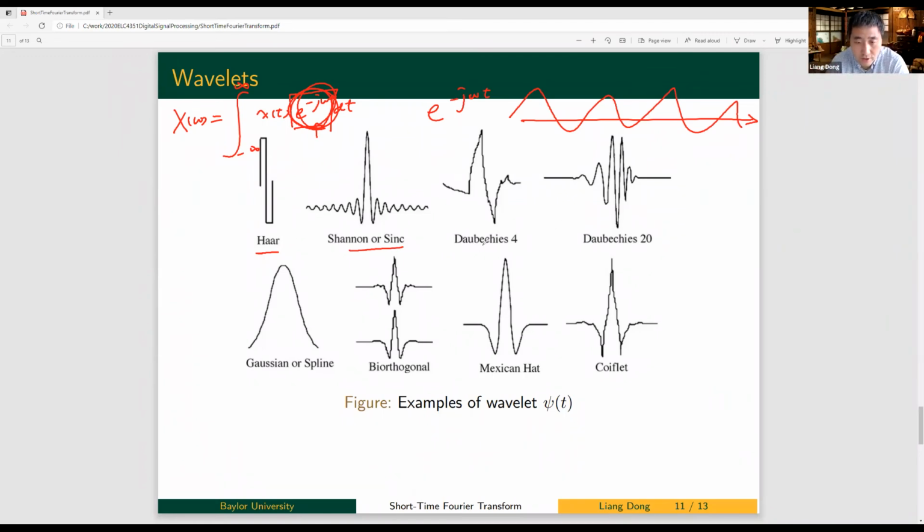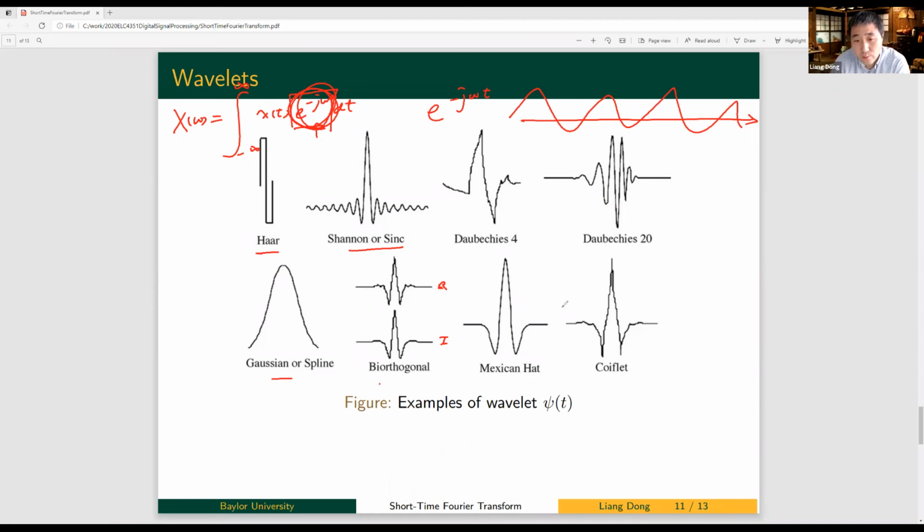We also have the Daubechies 4 wavelet, the Daubechies 20 wavelet, different formats of wavelet. The Gaussian wavelet is a truncated Gaussian function. The biorthogonal wavelet has a real part and an imaginary part, itself a complex number. We have a Mexican hat wavelet, which looks like a Mexican hat, and a Coiflet wavelet. And there are many different wavelets.